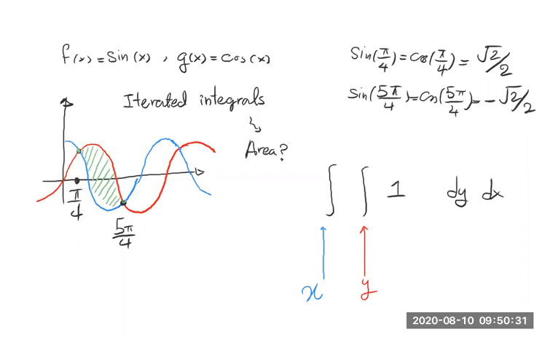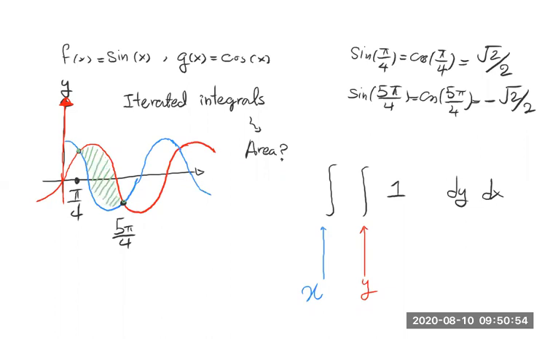So look at the value of y. The value of y shows this coordinate, the red axis. Can you tell me what the values of y are? Look at this green region here.